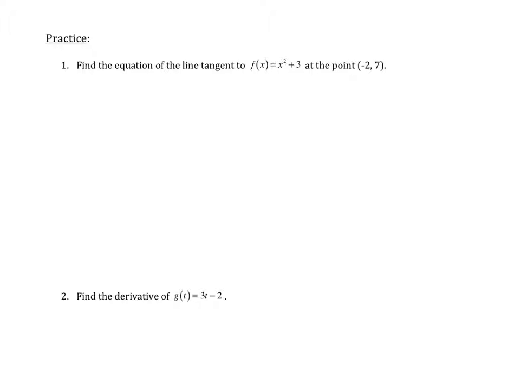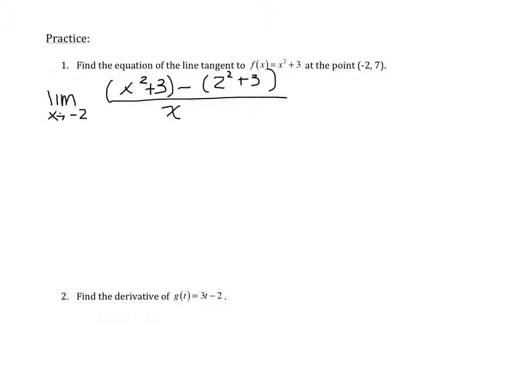So we have the equation: limit as x approaches -2 of x squared plus 3 minus f of -2, so that would be 2 squared plus 3, all over x plus 2, which is x minus -2.